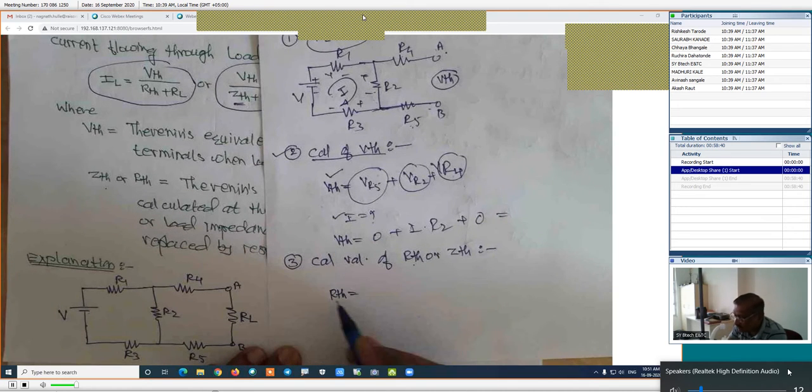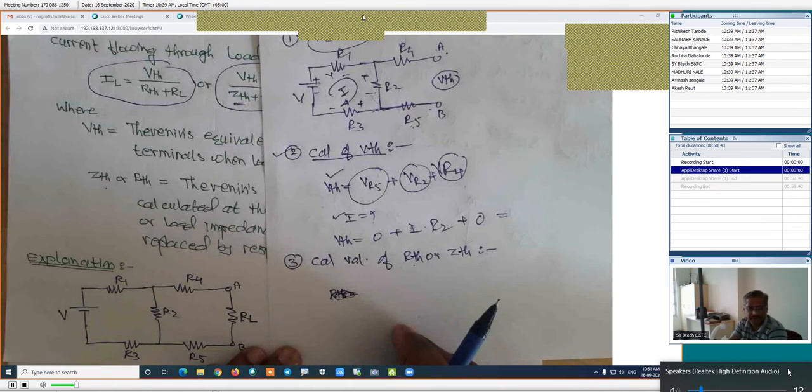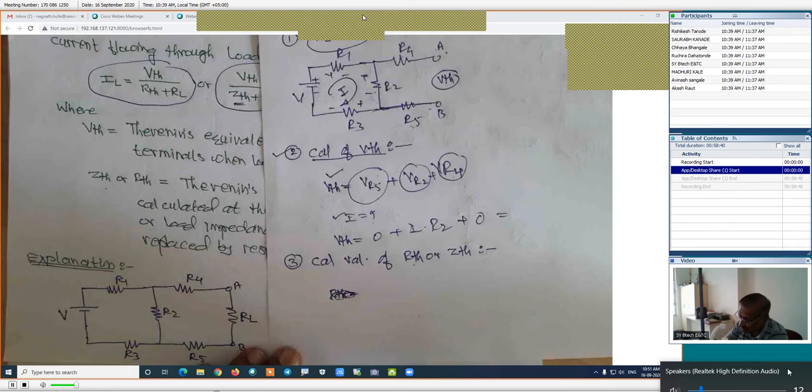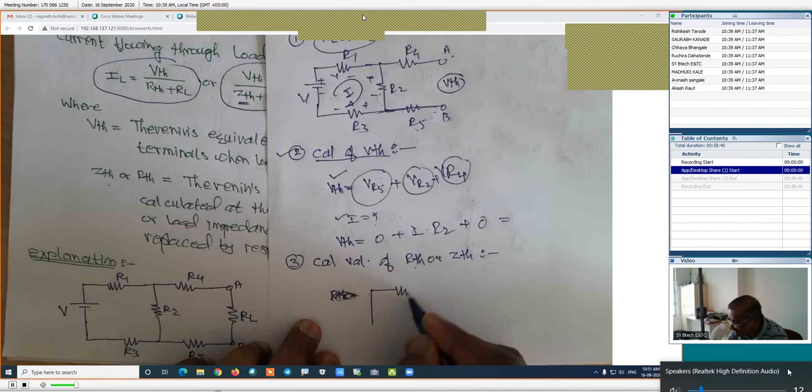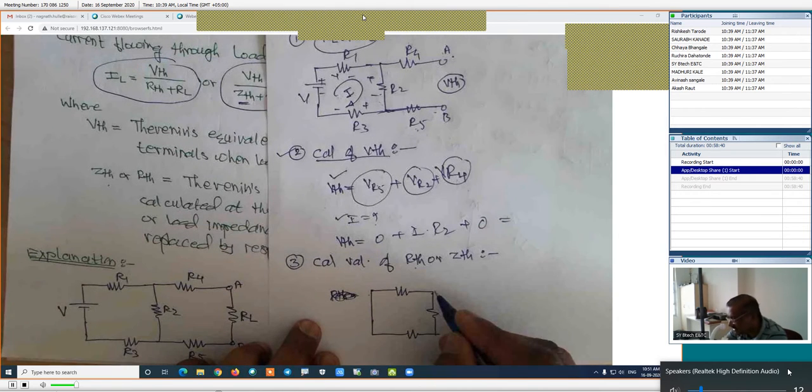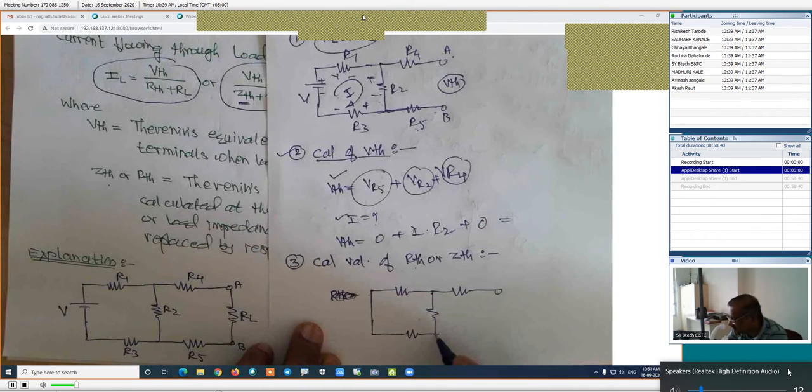What we want here is to draw the new circuit by removing the load resistance and all the sources. If we draw the figure for the calculation of RTH, it will be something like this. Here is the A terminal, this is the B terminal.